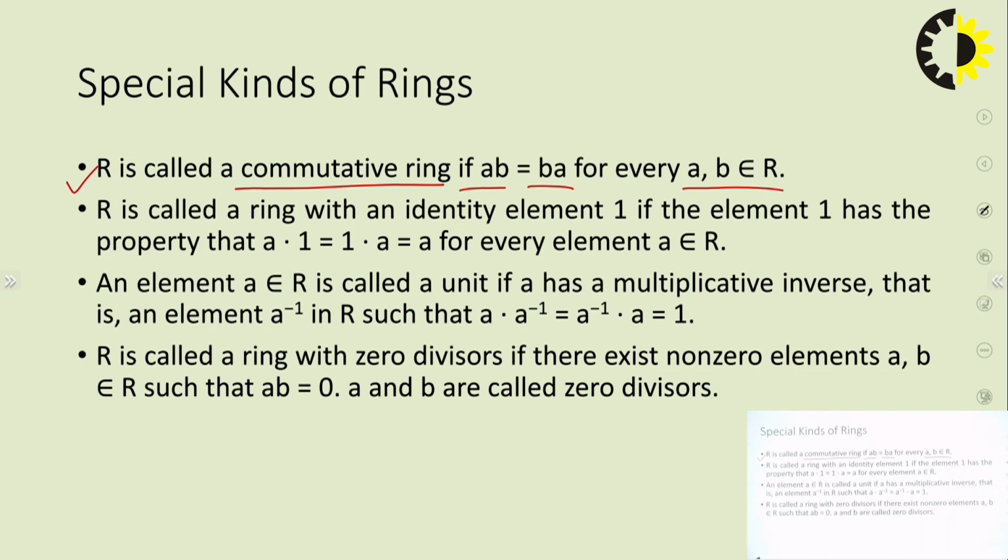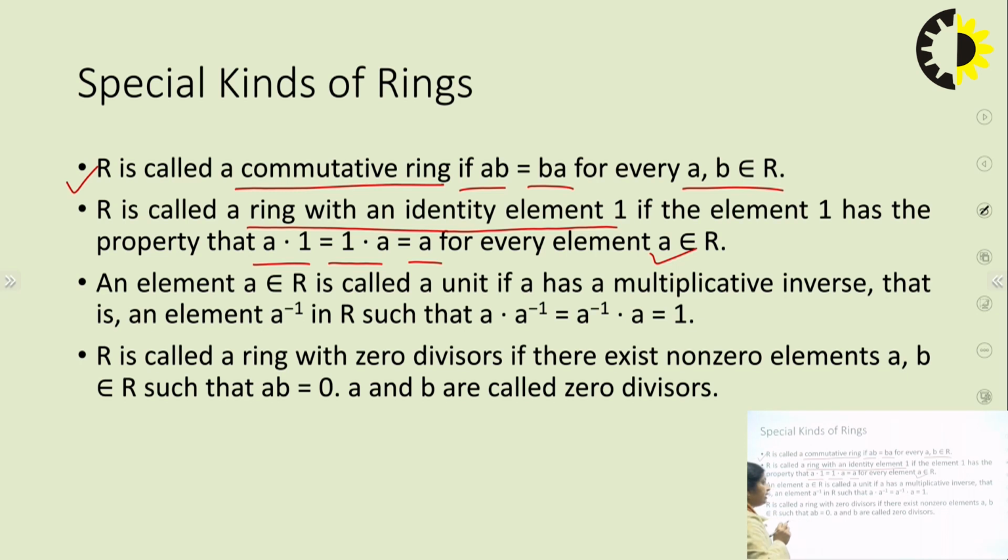If we have one element, which we call here the identity element, such that A into 1 is equal to 1 into A is equal to A for all A belonging to the set R, the ring, then we call it a ring with an identity element. Let us repeat again. The point is, a ring has additive identity, and if it has multiplicative identity also, then we call it a ring with identity element.